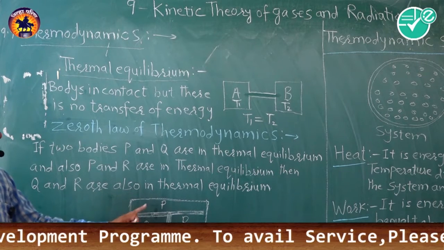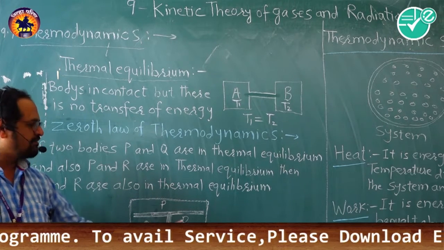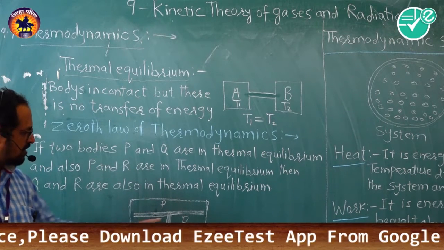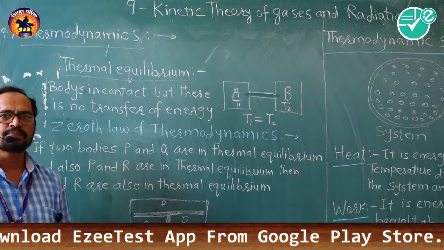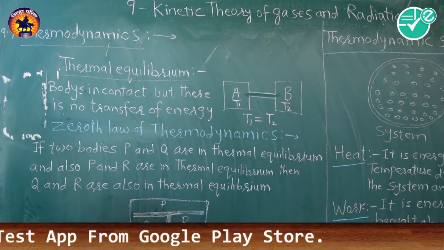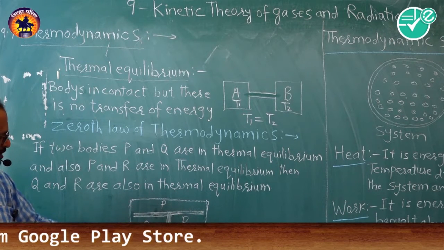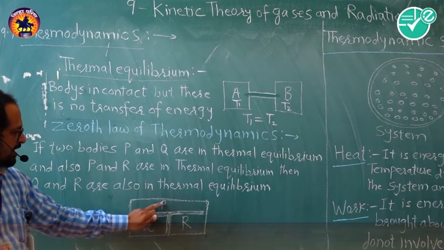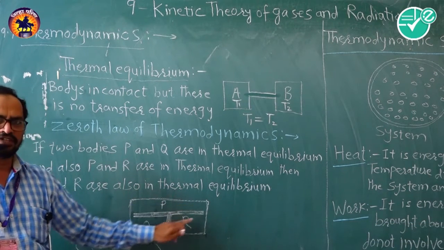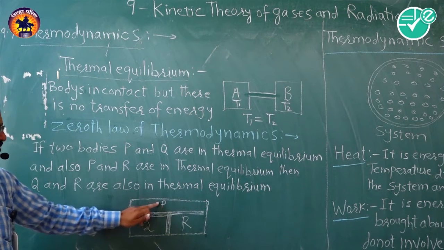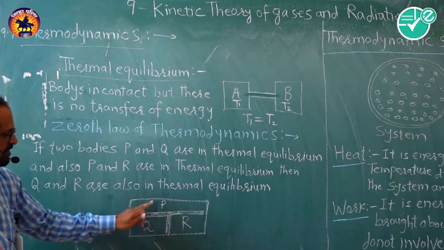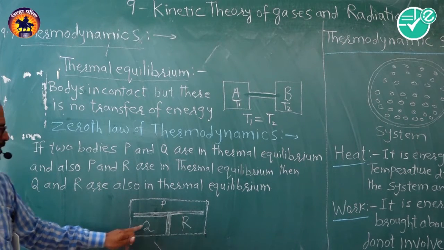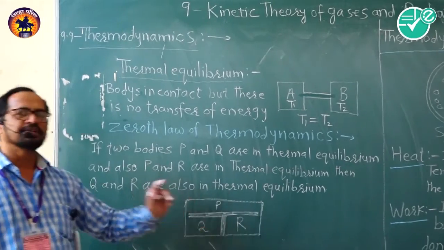So Q and R also have the same temperature, as there is no conduction of heat between Q and R. Since P and Q have no transfer of heat, and P and R also have no transfer of heat, the temperature of P and Q is equal, and the temperature of P and R is also equal. So exactly, Q and R also have the same temperature.